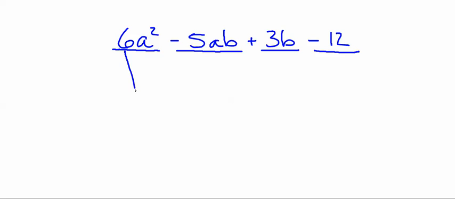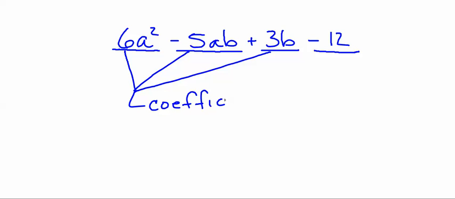The 6, the negative 5, and the 3, those are all called coefficients. The negative 12 is a constant.